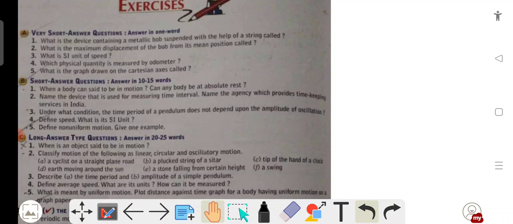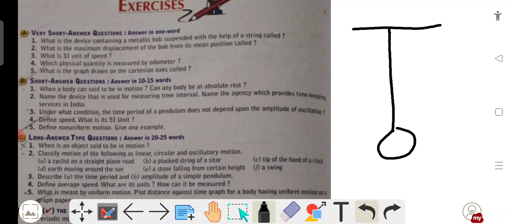The first question is, what is the device containing a metallic bob suspended with the help of a string called?